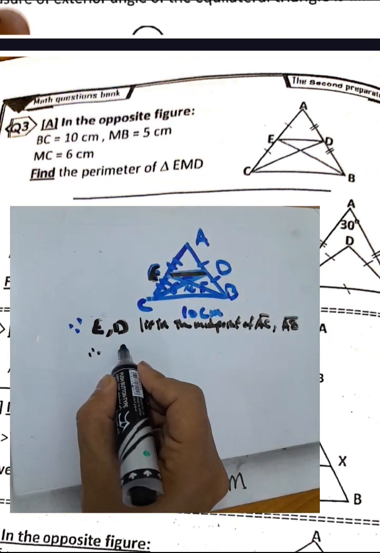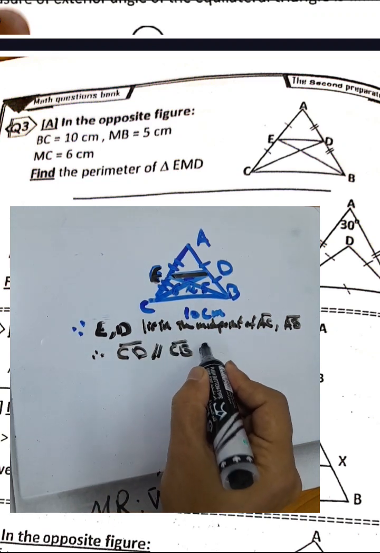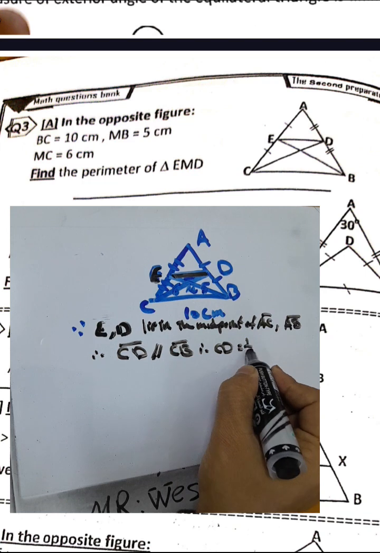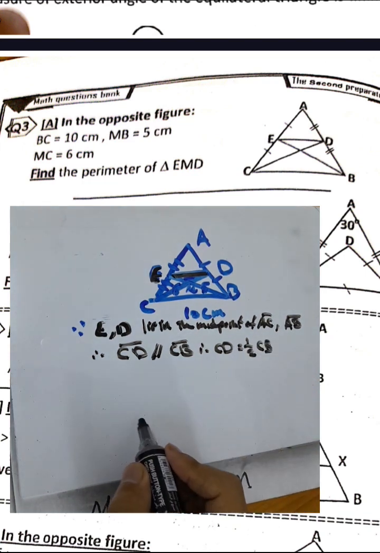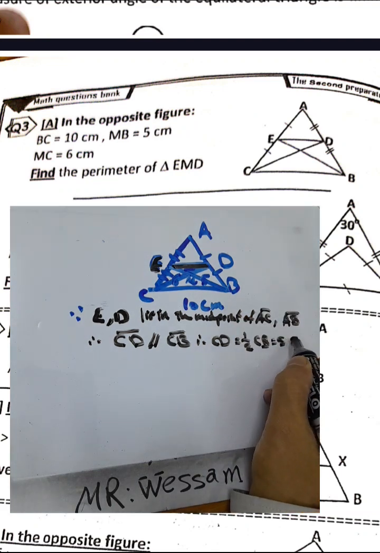Then CD will be parallel to CB, and CD will be equal to half CB, half the base. The length of this side will be 5 centimeters.